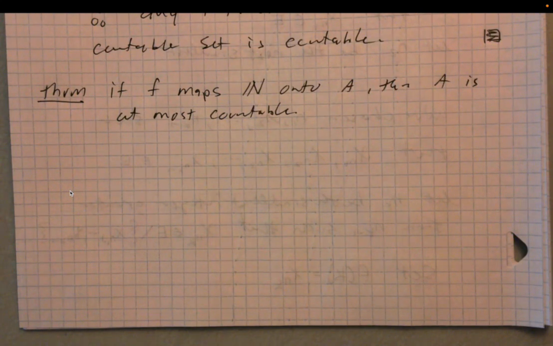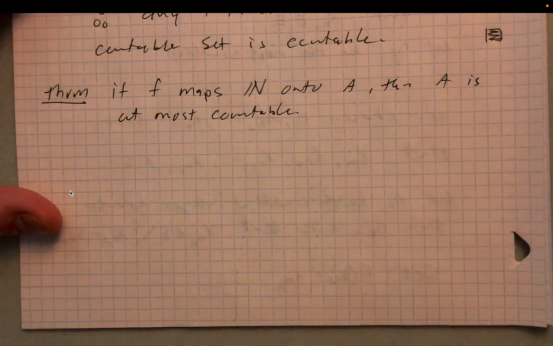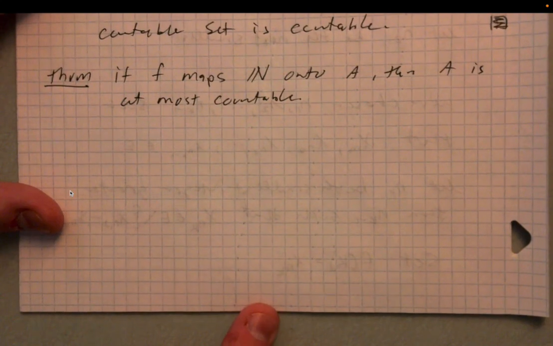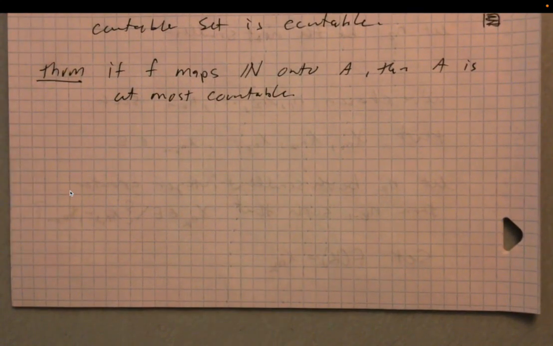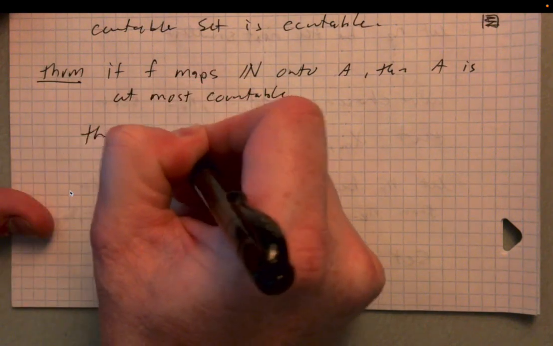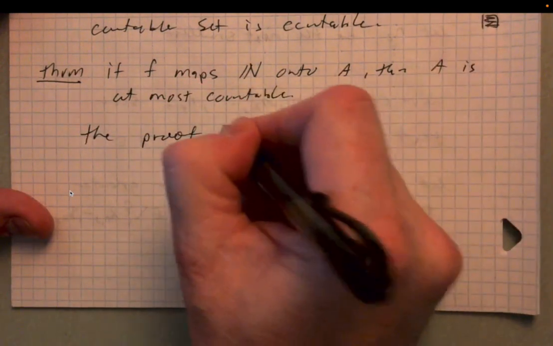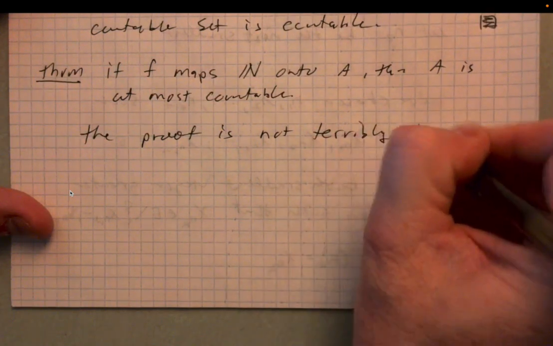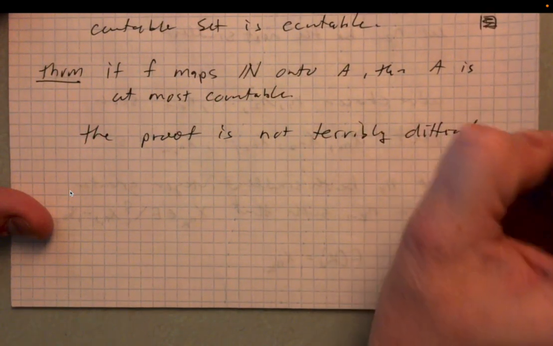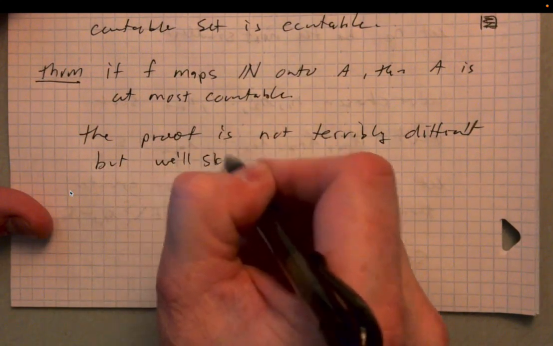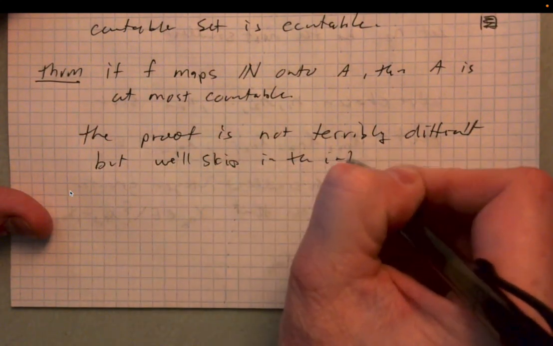Okay, so that's the idea with this theorem, and we'll use this a little bit later. I'm going to skip the proof for this, but you could easily look this one up, or you could try to prove it yourself. It depends on who you are, but the proof is not terribly difficult. We'll skip it in the interest of time.